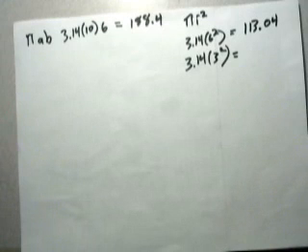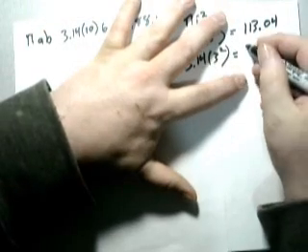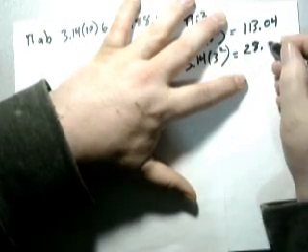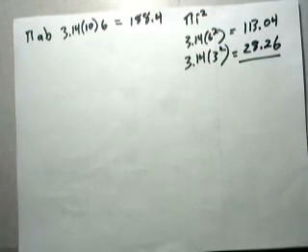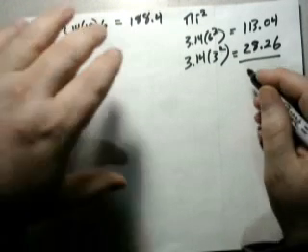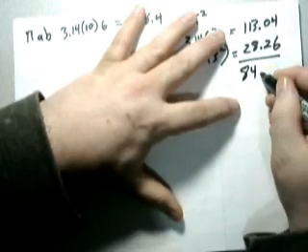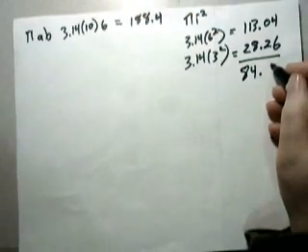Then 3.14 times 3 squared is 28.26. So we just subtract here. 113.04 minus 28.26 is 84.78.